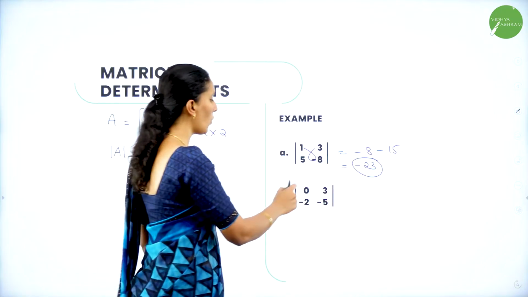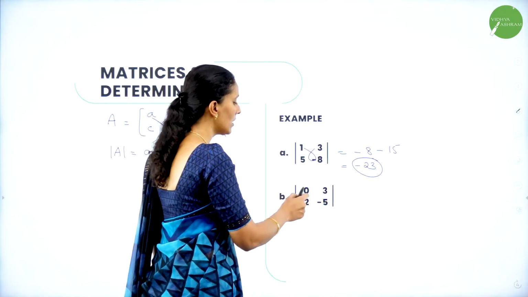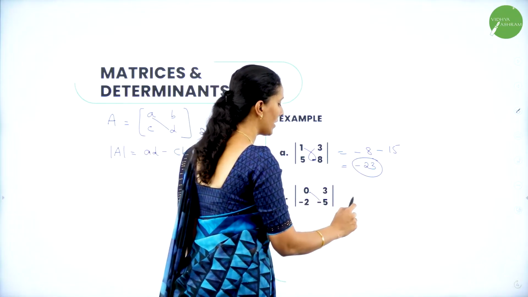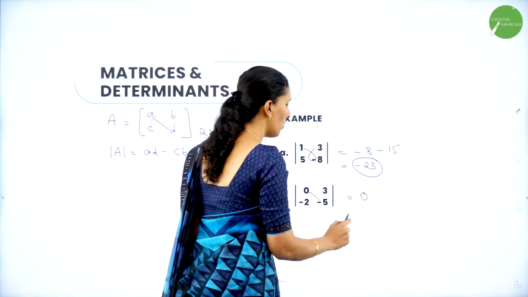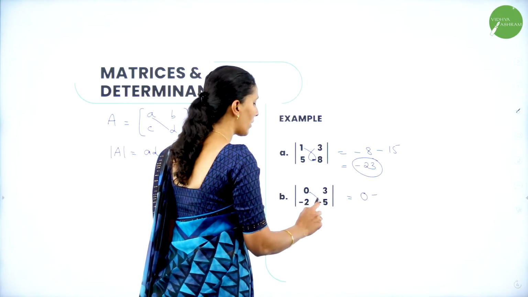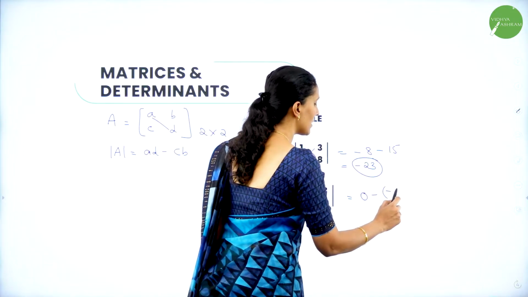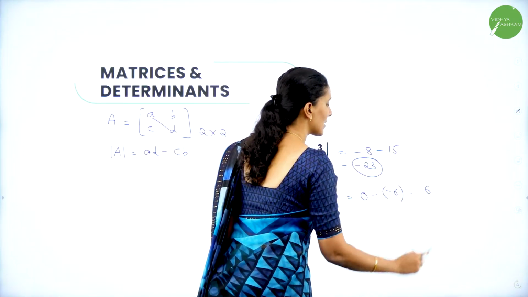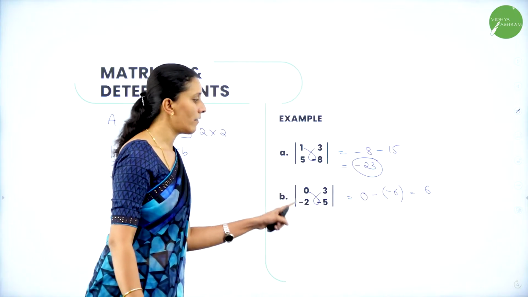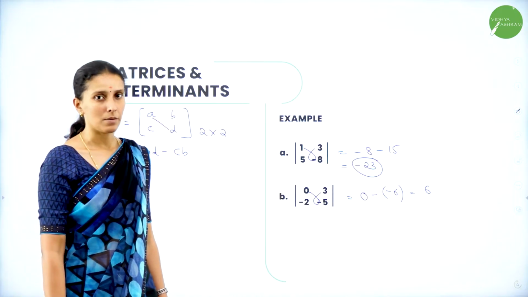Now, let us see how we can evaluate this determinant. This is 0 into minus 5, which is 0, minus 2 into 3, that is minus 6. So, minus of minus 6 is plus 6. This is the value of the given determinant.